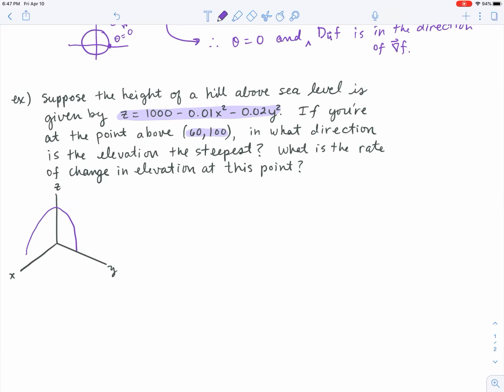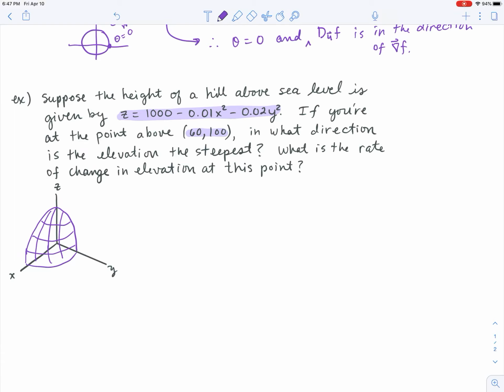And then we have another parabola parallel to the yz plane. And what we get is a paraboloid, and this isn't the best looking paraboloid ever, but maybe I'll throw in some lines. So we have a very, very generic looking hill.